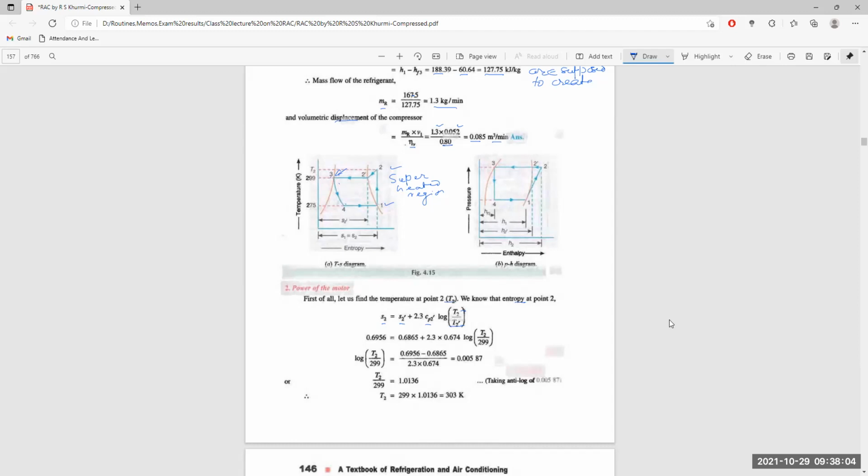We put the values one by one. This is all given, and CP2 is also known to us, as log T2 by 299. After simplification, taking the exponential of this term and substituting here, T2, the superheated vapor, becomes 222 plus 1.0936, which is equal to 306 degree Kelvin.